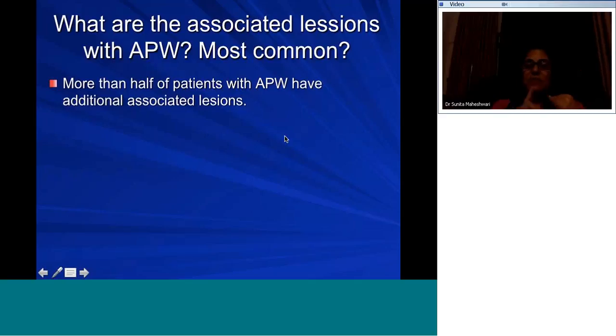So interrupted aortic arch. Please remember this association of AP window with interrupted aortic arch, because you may get so fixated on the AP window that you miss the interruption. So interrupted aortic arch. What else? Other associations? And which type of interrupted aortic arch?